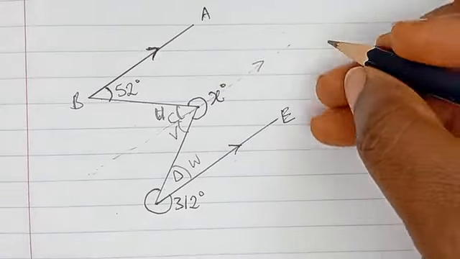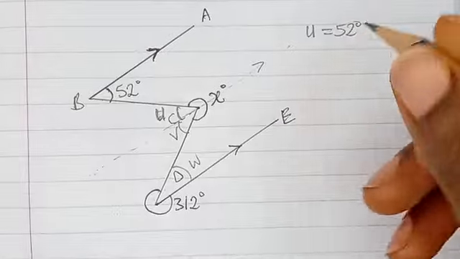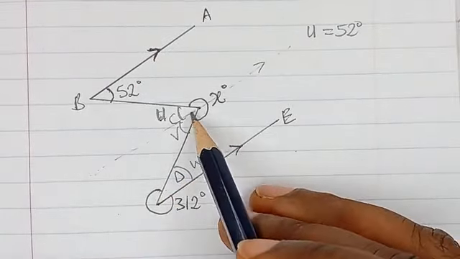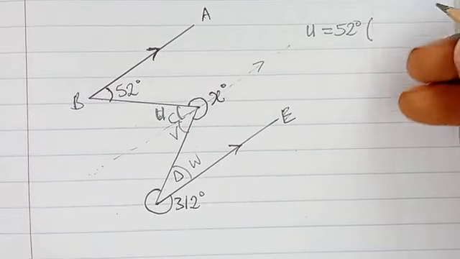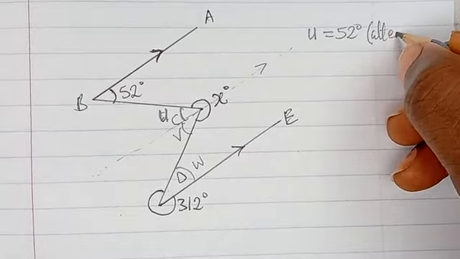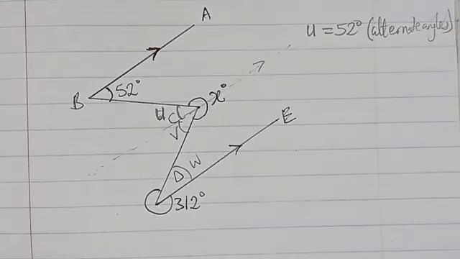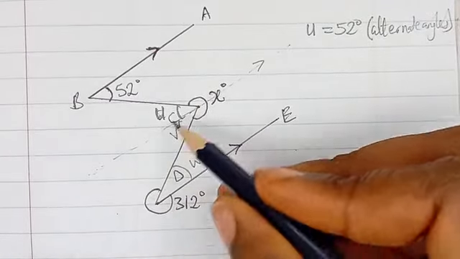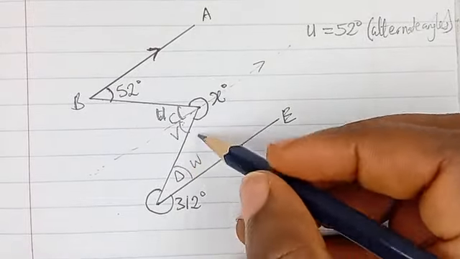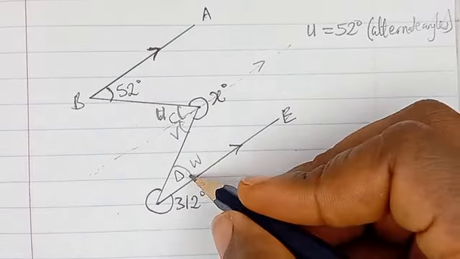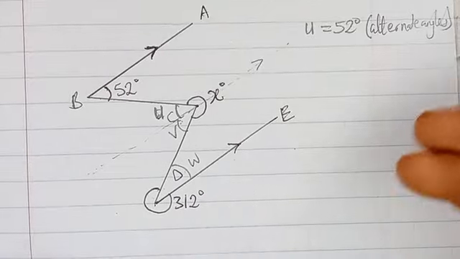Okay, so we can see that angle U is equal to 52 degrees. So these are alternate angles. Angle U is alternate, so alternate angles. Okay, and then V and W are alternate angles, but we don't know W, but we can get it from angles at a point here, right? So we get angle W first.